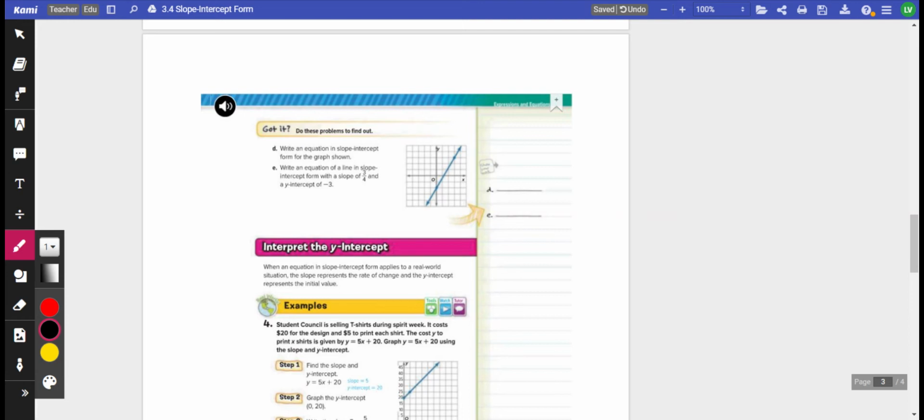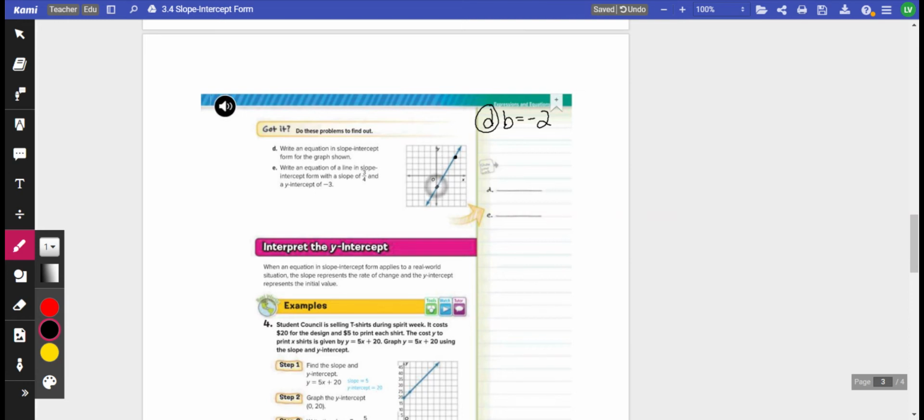Letter D. Write an equation in slope-intercept form for the graph shown. Well, first I want to figure out what my y-intercept is. I have a point plotted right there, so for letter D, my y-intercept is going to be at -2. Then for my slope, I want to start at (0, -2) and go up and to the right.